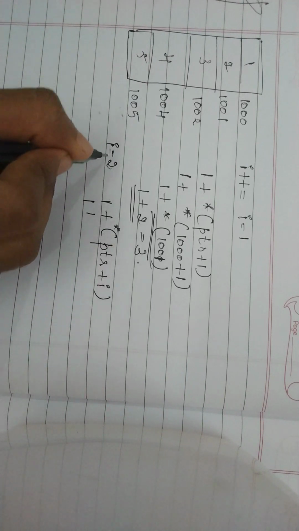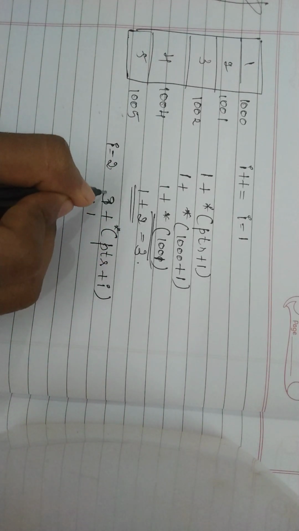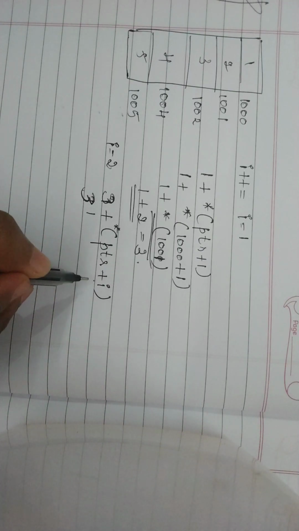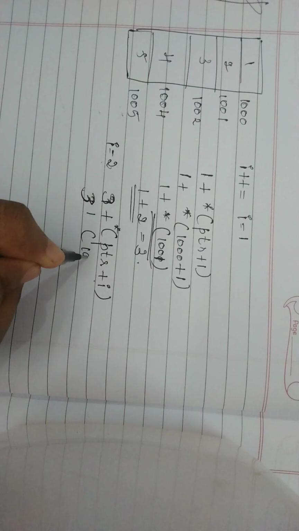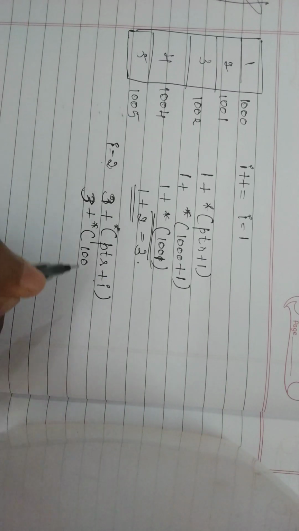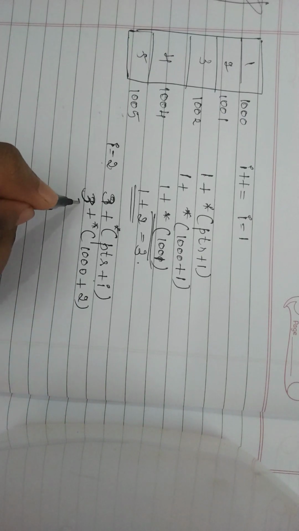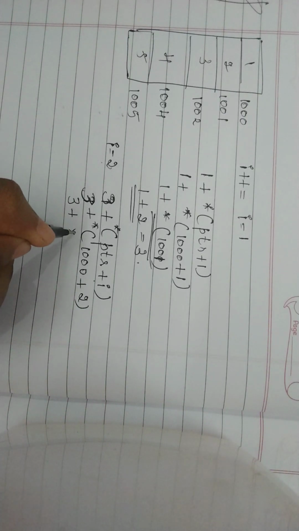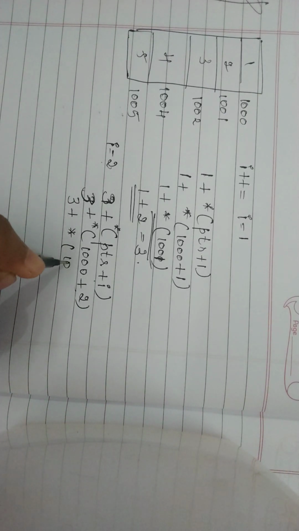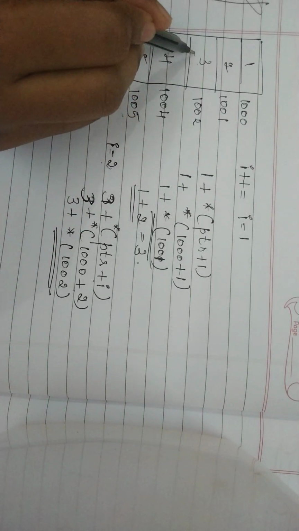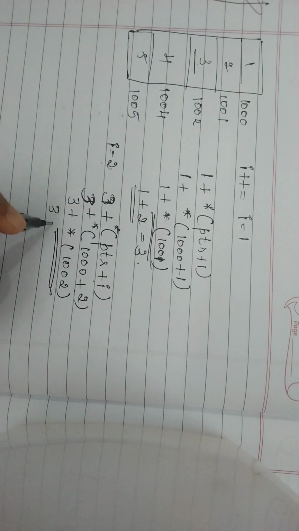Sum is now 3. So ptr is 1000, now i is 2, so 3 plus what is at 1002? In the place of 1002 we have 3. So 3 plus 3 is 6. Now sum is equal to 6.